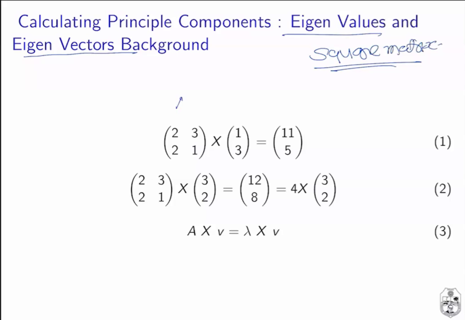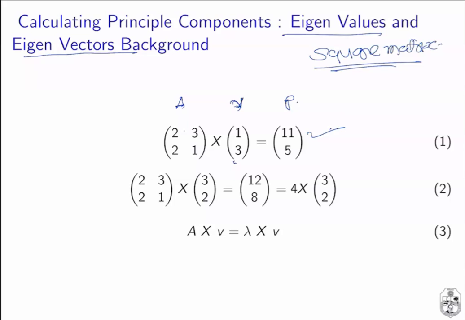I am calling this the A matrix. This second matrix I am calling the vector because it is one dimensional, and this is the resultant, the product P. Now when you multiply the A matrix, that is 2 3 2 1, by the vector 1 3, you will get this result.